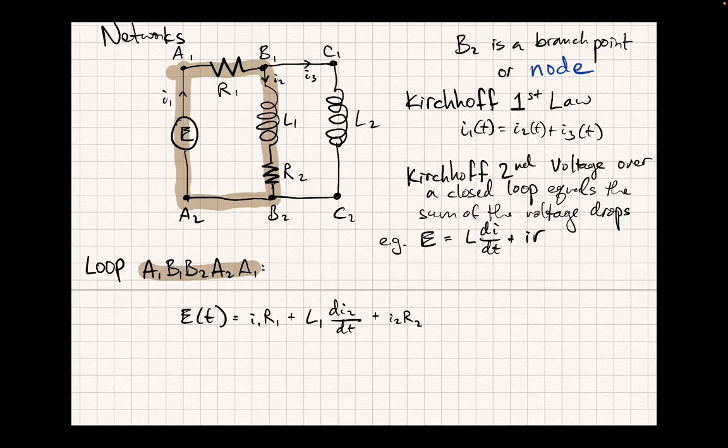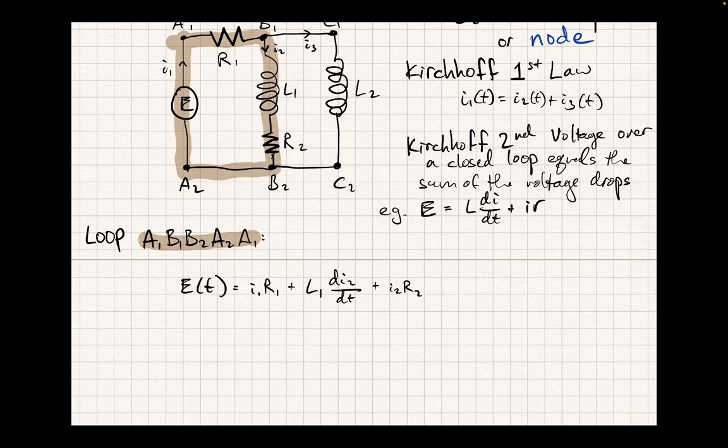What do you mean R2D2? Oh, okay, it's d over dt. I thought that was actually part of the equation. Should the I2 be negative?